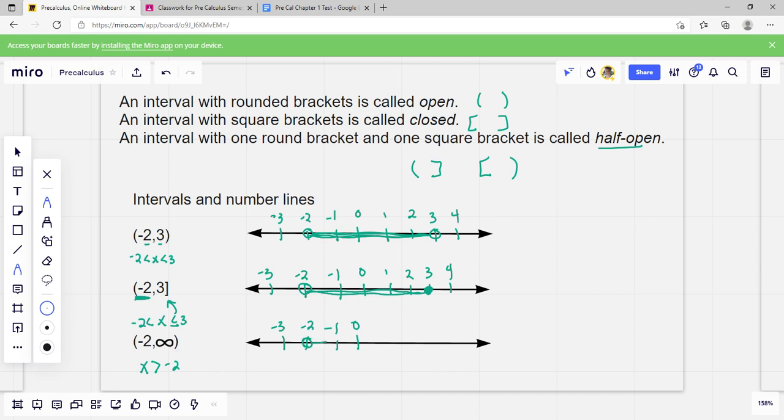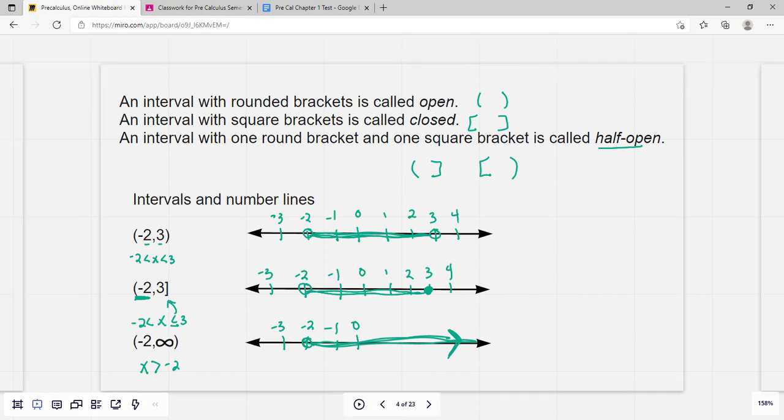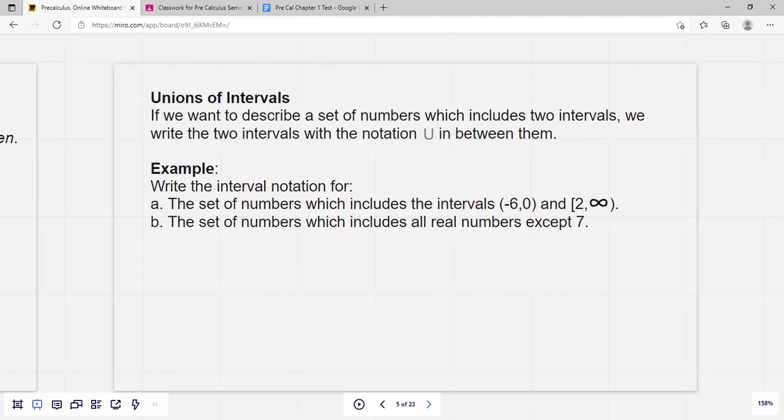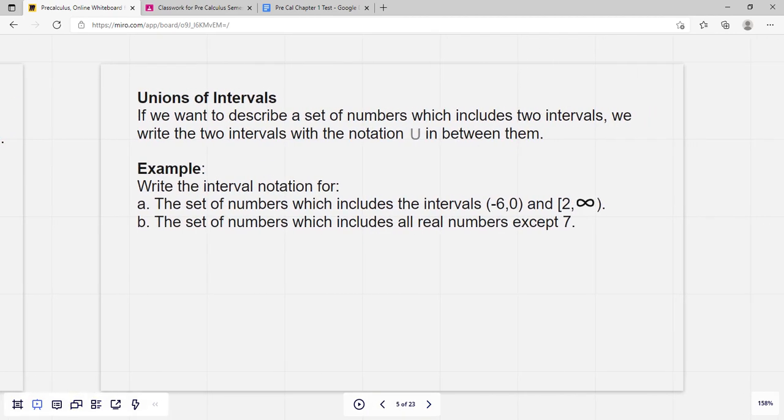And then it's going to be everything going that way, to infinity and beyond. So that's how we mark those on a number line. We did this part where we wrote x is greater than -2 and marked it on a number line last year, but this is just another way of writing it.